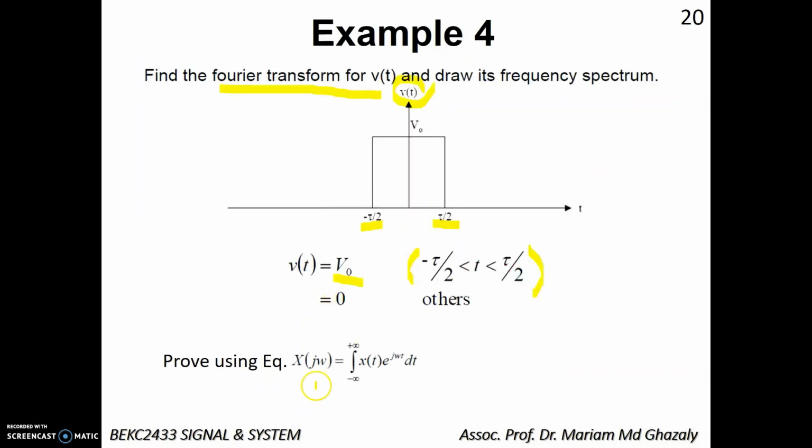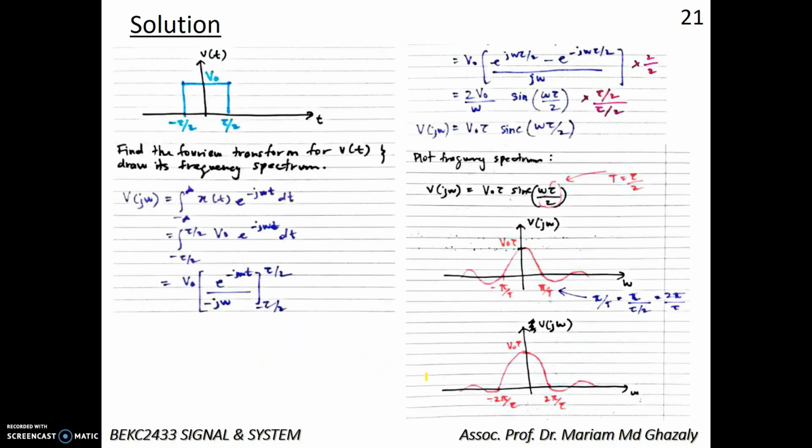Let's get the Fourier transform using the general equation. For the solution, first we use the general equation for the Fourier transform, integrating from minus infinity to infinity.